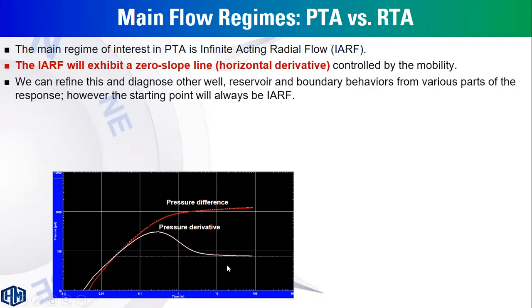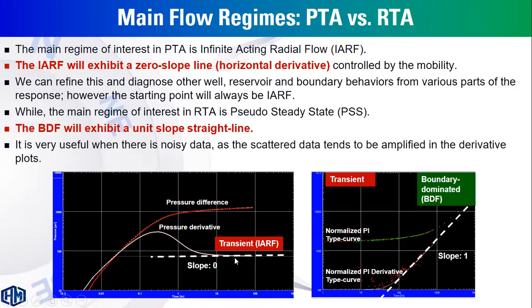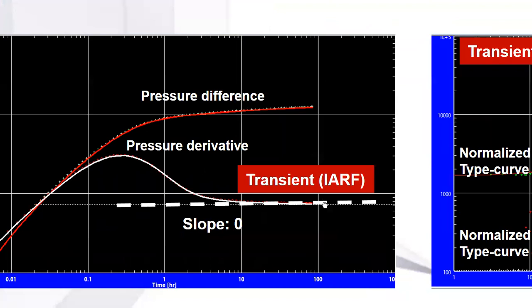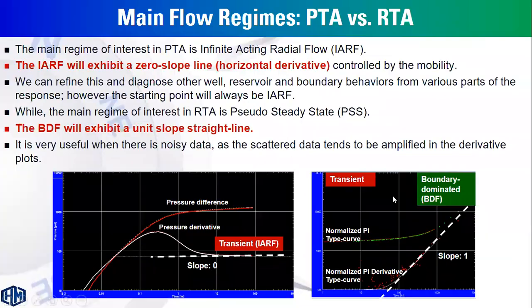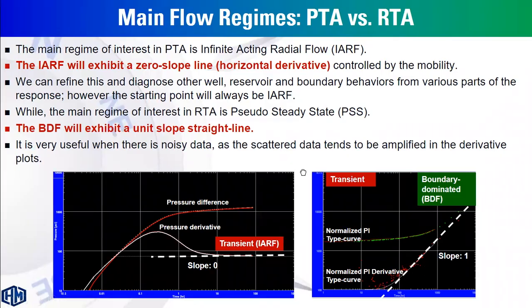So you will have this horizontal line representing the infinite acting radial flow regime, which is a zero slope line or flat line, a horizontal derivative on the log-log plot. While for RTA, the main flow regime is the boundary dominated flow, or pseudo-steady state flow, as you can see.